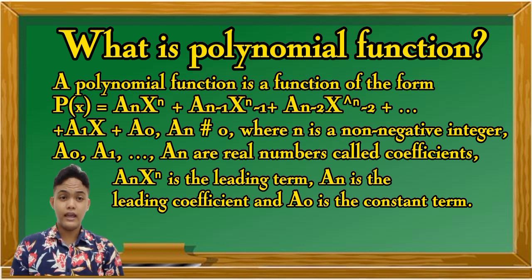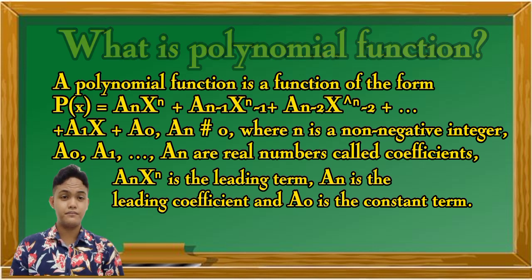A sub 0, a sub 1, ellipsis, a sub n are real numbers called coefficients. A sub n times x raised to the power of n is the leading term, a sub n is the leading coefficient, and a sub 0 is the constant term.